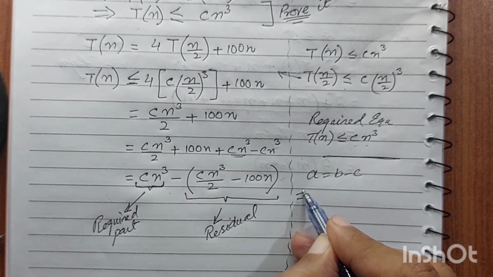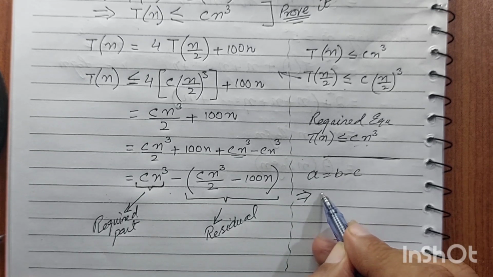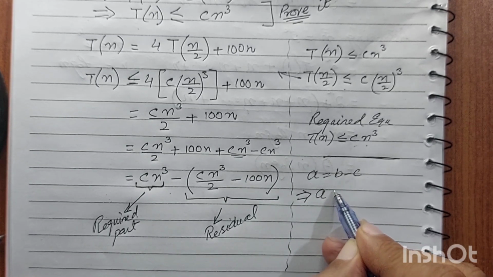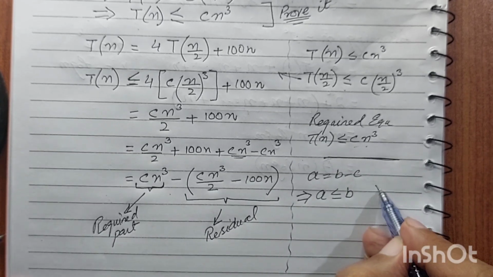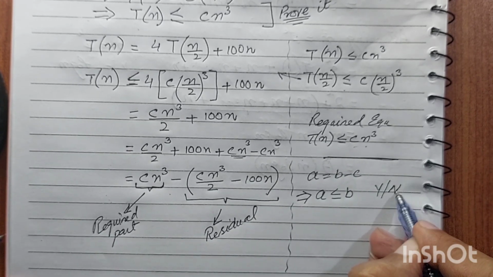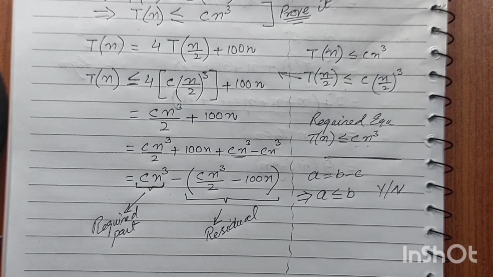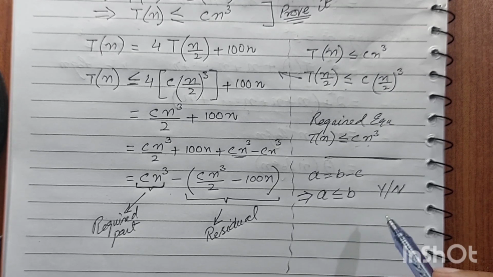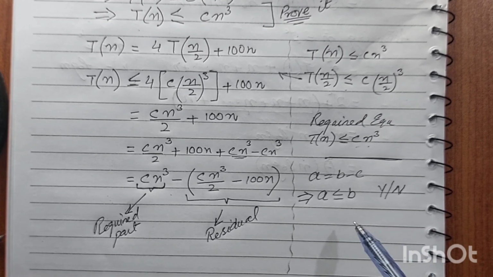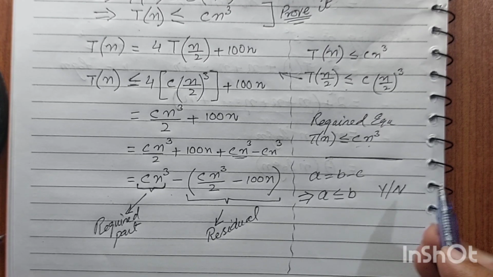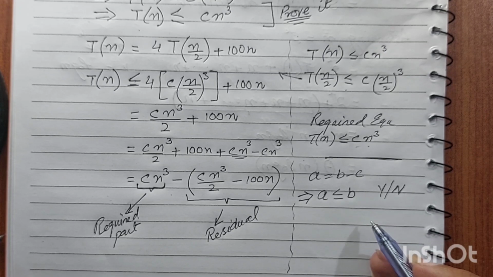On the basis of this equation, can I write a is less than or equal to b? Yes or no? Just stop the video here and think about it. If you have given it a thought, then you might be facing two kinds of scenarios.